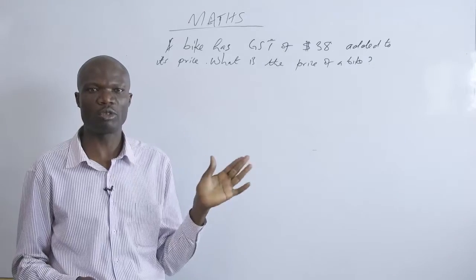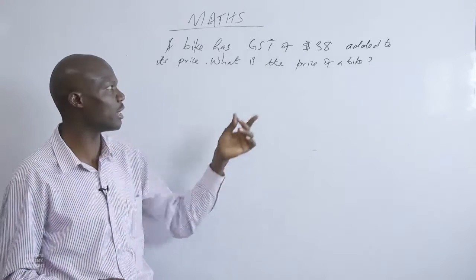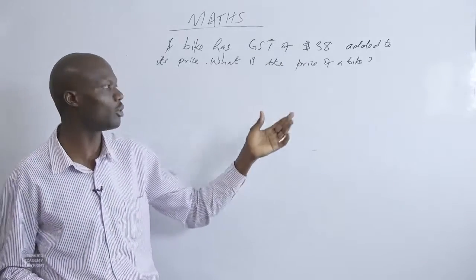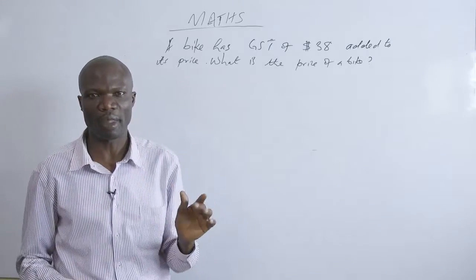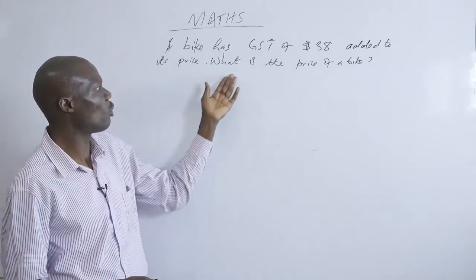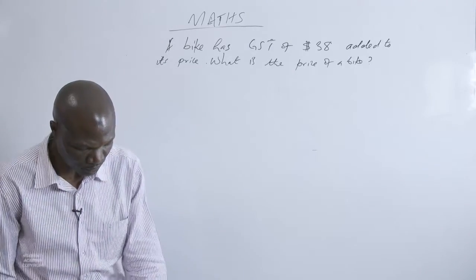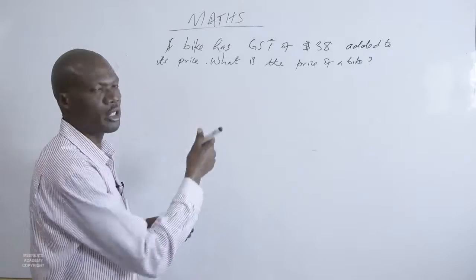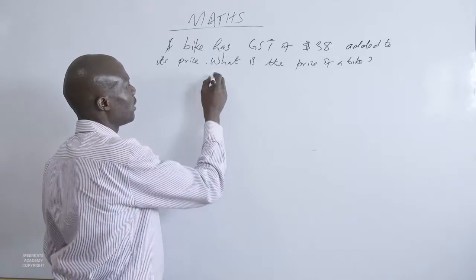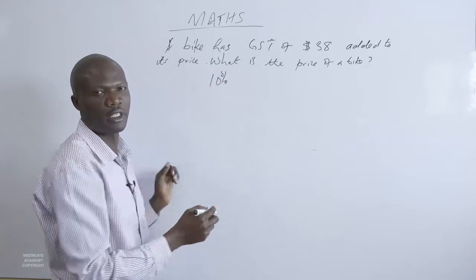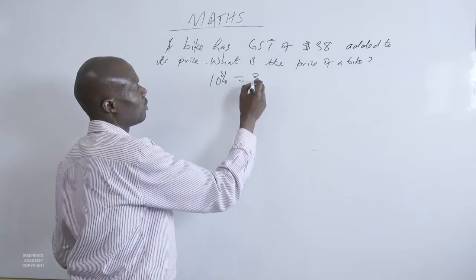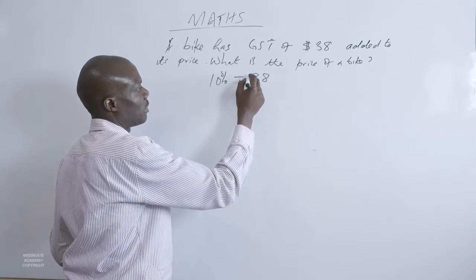We know the GST is equivalent to 10%, which implies that the $38 is equivalent to 10%. But the question here is, what is the price of the bike? So to approach this, we first agree that 10% is equal to $38.